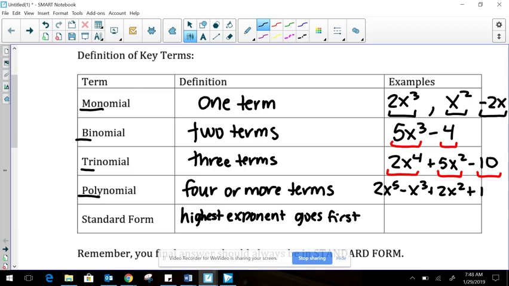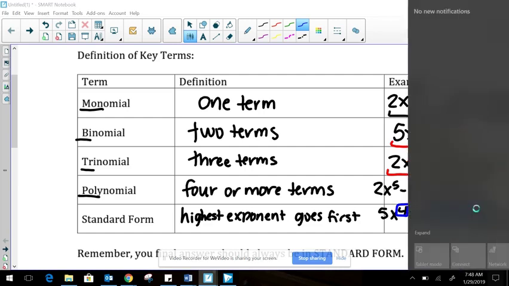Okay, so we have, let's say, 5x to the 4th plus 2x cubed plus x squared plus 10x plus 1. All right, so we have to have the highest exponent first. This one's the biggest. Then it goes to the next highest, then the next highest, next highest.